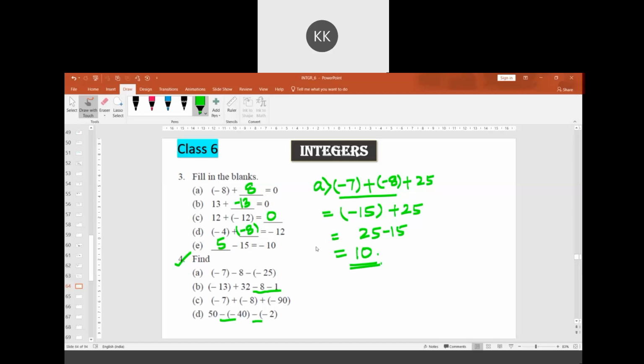You can tell the answer for B, C and D. Answer positive 10. Okay. Varun, what would you say? Sir, B positive 10 and C is minus 105, sir.